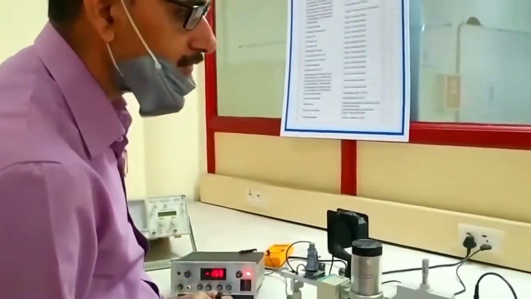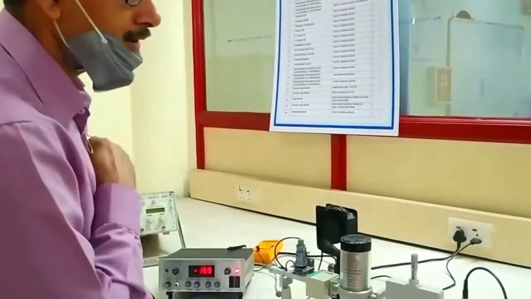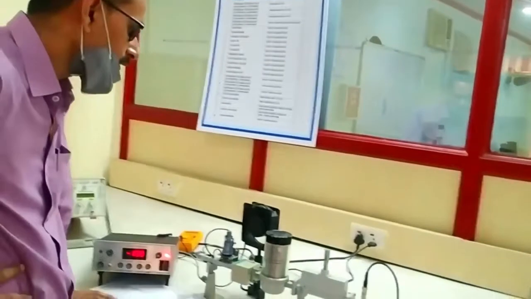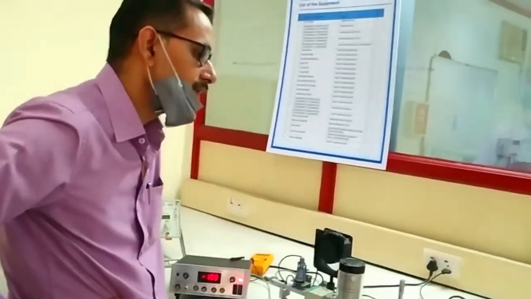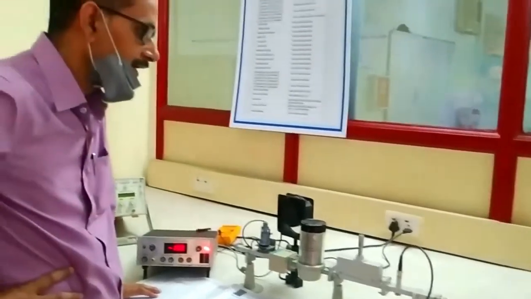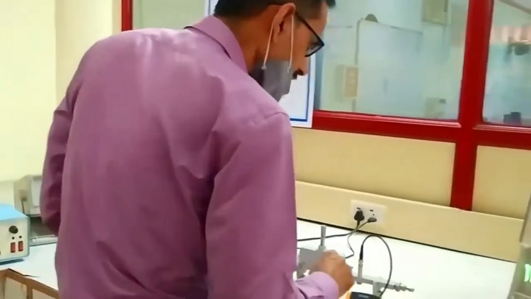So this is the frequency being checked through this experiment, set up for understanding the klystron characteristics, and it can be adjusted further.